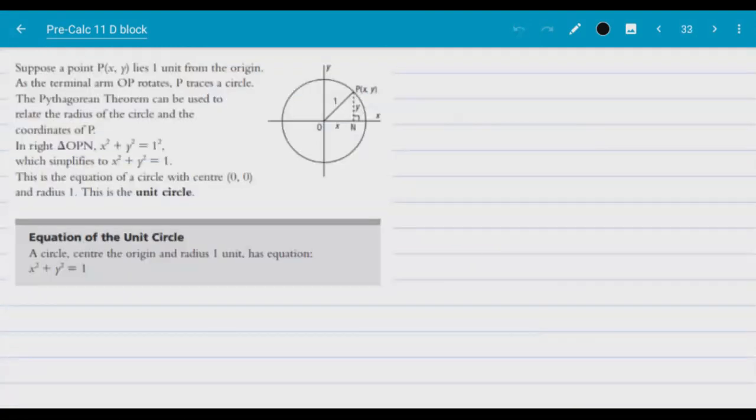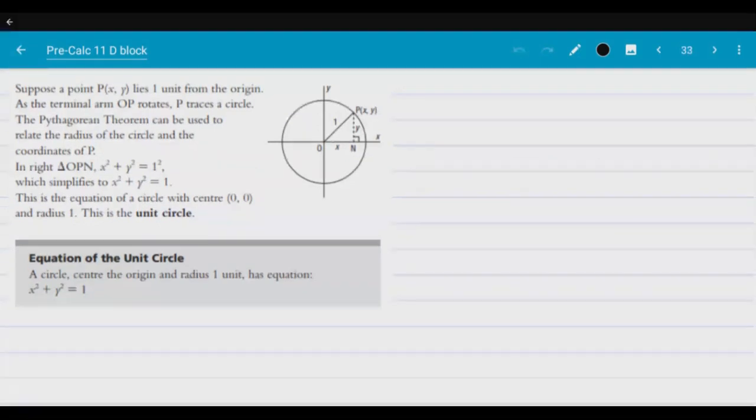So suppose a point P(x, y) lies 1 unit from the origin. So you have a circle. This one is called a unit circle, by the way. A unit circle is defined as that circle that has its center at the origin, which has coordinates (0, 0), and the unit circle has a radius of 1. What this is saying is, as the terminal arm OP rotates, P traces a circle.